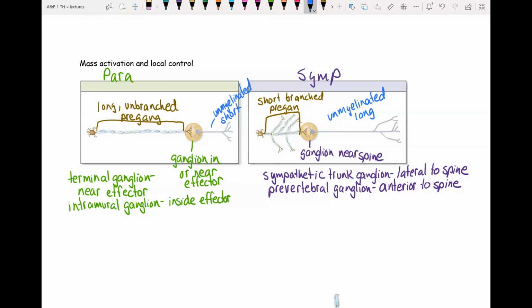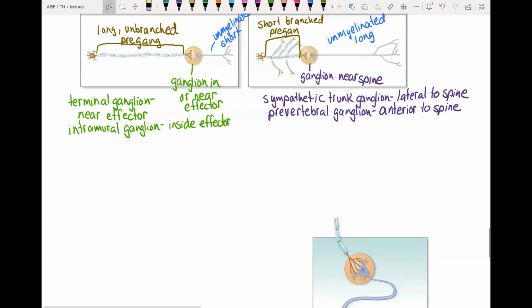Sympathetic and parasympathetic also have different goals when it comes to stimulating the receptors. For parasympathetic, its goal when stimulating receptors is to have precise, local control.